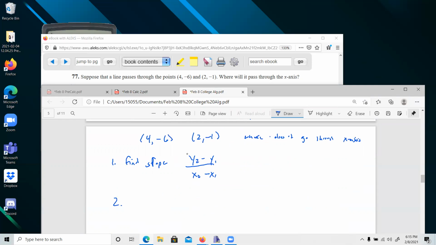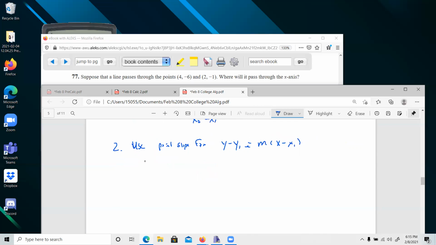Then we're going to use point-slope form, y minus y1 equals m times (x minus x1). Don't forget the parentheses. Then convert to y equals mx plus b form in order to solve the problems.